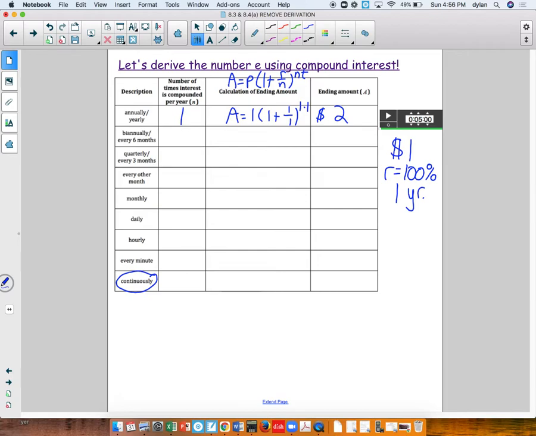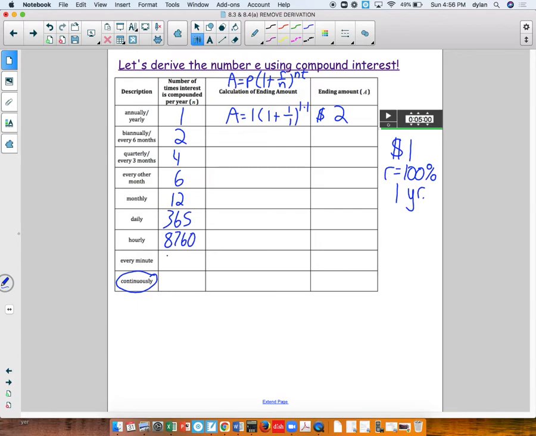I want you to go through and see if you can figure out the rest of this. Biannually, we would be compounding twice. Quarterly would be 4 times. Every other month would be 6 times. Monthly would be 12 times. Daily, we would be compounding 365 times a year. Hourly would be 8,760 times a year.